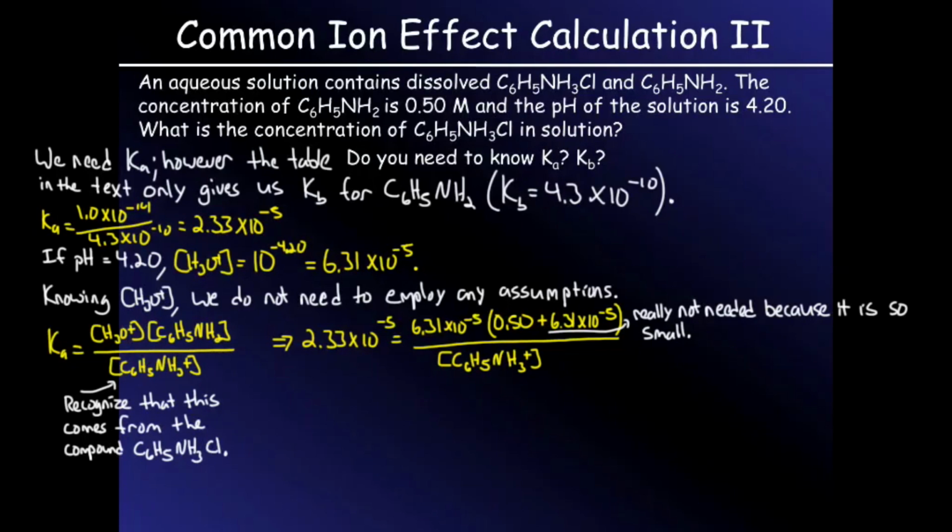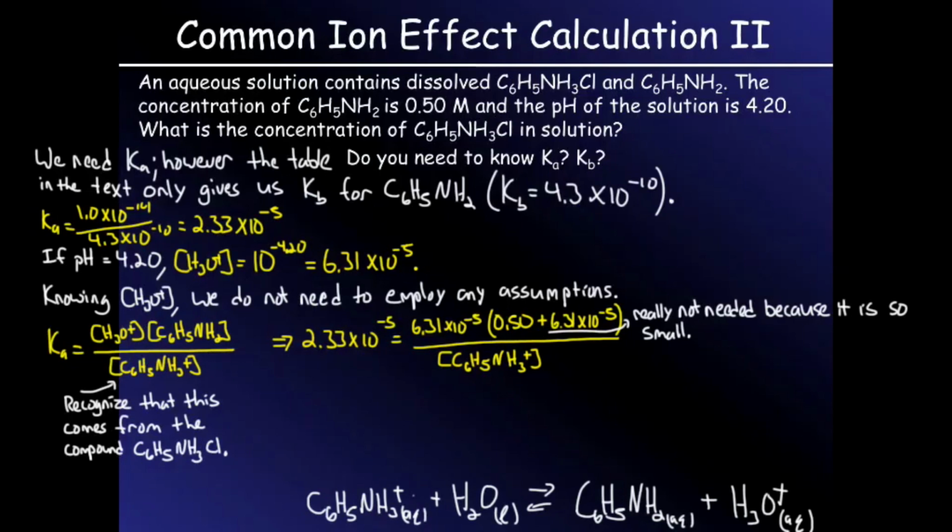You will notice in this calculation that I actually added on the small amount of conjugate base that would be formed when this reaction here would actually occur. We are focusing on Ka. This is the equilibrium reaction for Ka. As this reaction occurs, we are actually going to make a little bit more of this than what is found in solution.